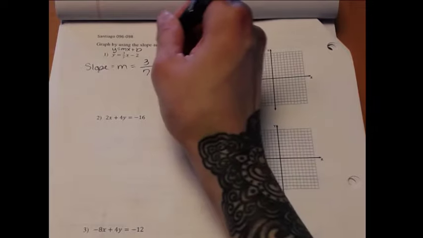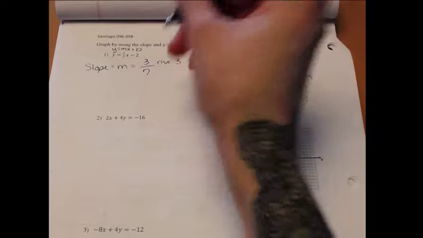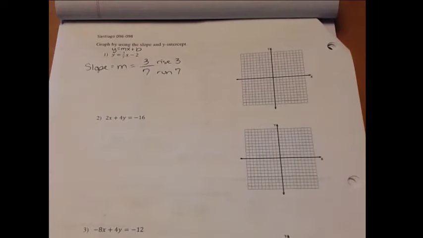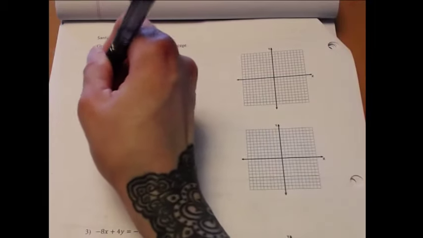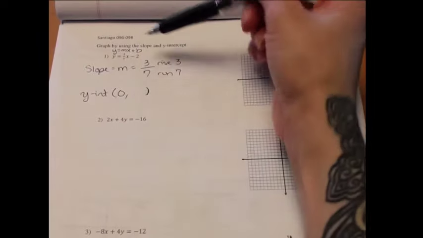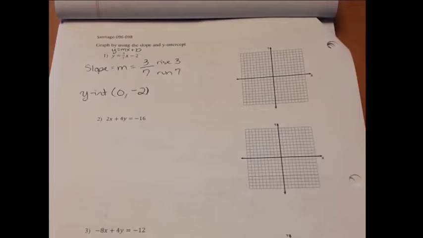What this implies is that we're going to rise 3 because it's positive and then run 7. We always run to the right. Next, I want to write the y-intercept, and we know that's going to be 0, comma, and then in this case, our b is -2. So my y-intercept is 0, -2.